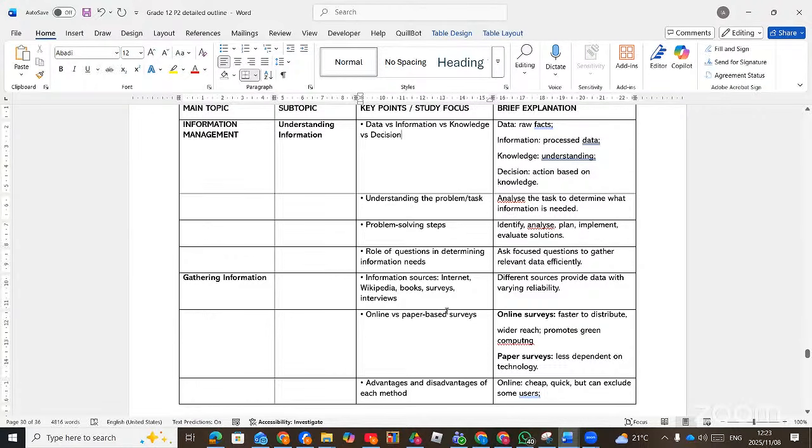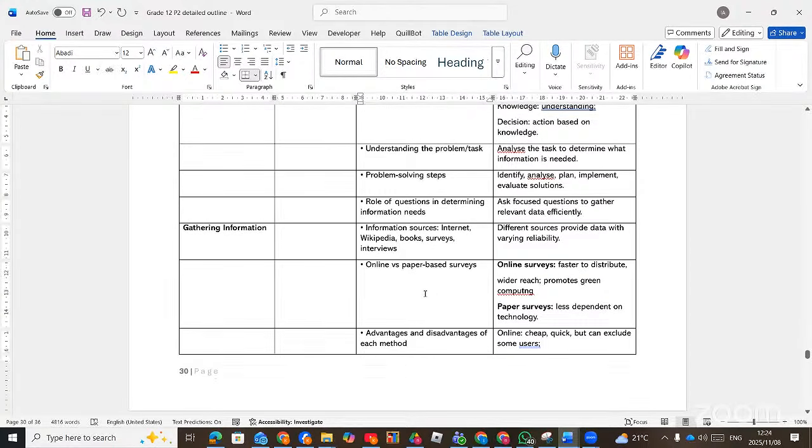Then also the questionnaire and then questions. Focus question as against the research questions. The focus question as against the research questions, they can ask you to differentiate between them. Sources of information, like books, online, internet, interviews, and others.